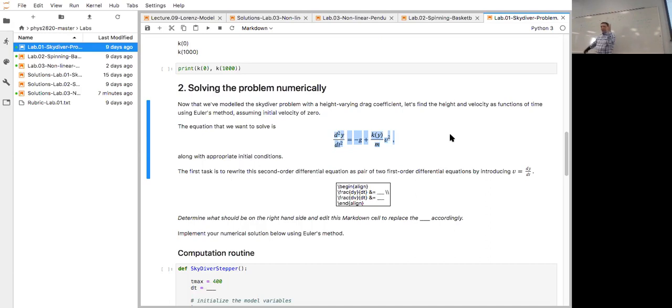Now there's 3 methods we've been talking about, and in the lab, in the little assignments, we've only been focused mostly on Euler's method. Please take a look at the previous 2 lectures. We've talked about Euler's method, Euler-Cromer method, and Euler-Richardson method. So there's 3 different ways of solving those.